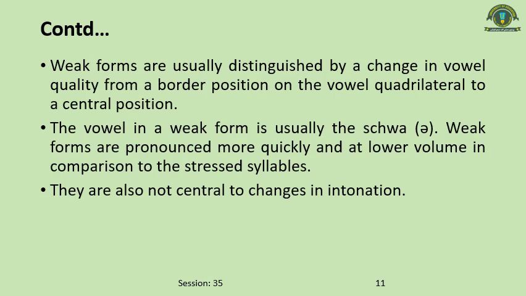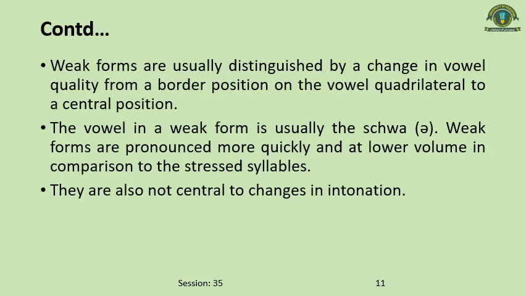Okay? Here, the second point is very important to understand. The vowel in a weak form is usually the schwa. This is what I told you when talking about it in the previous slide. Weak forms are pronounced more quickly and at a lower volume in comparison to the stressed syllables.